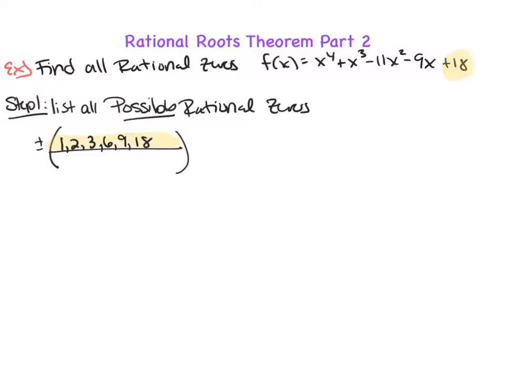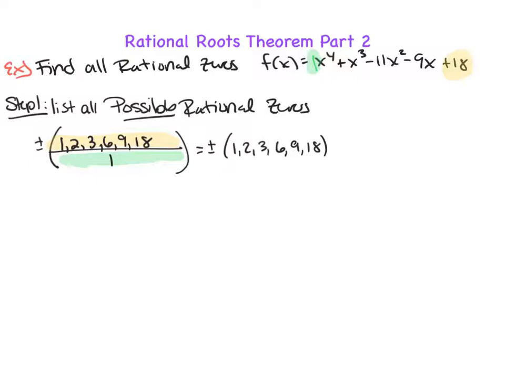Fortunately, this one is kind to us in the denominator, all the possible numbers that go into the leading coefficient, which in this case is just a 1 again. So that could only be 1. So all of our possible rational zeros are plus or minus 1, 2, 3, 6, 9, or 18.